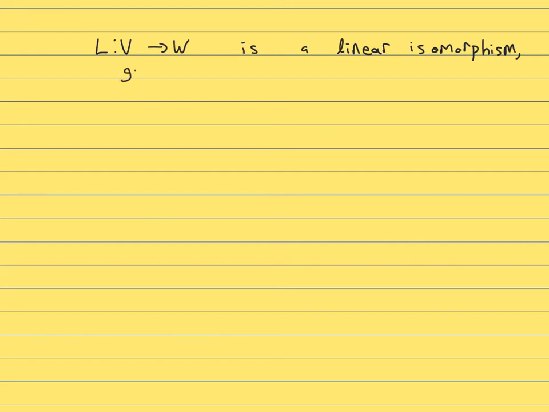What if it behaves well with respect to this linear isomorphism? Then we would say that V and W are isomorphic as G modules.